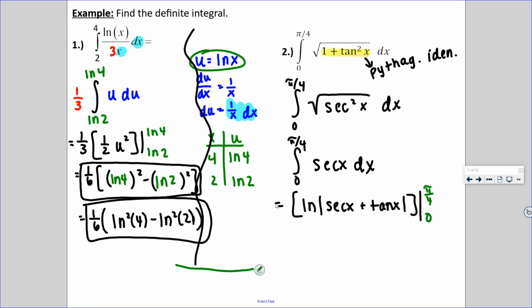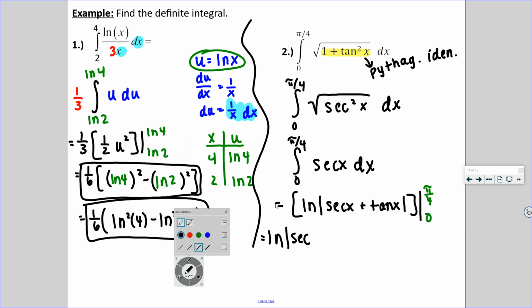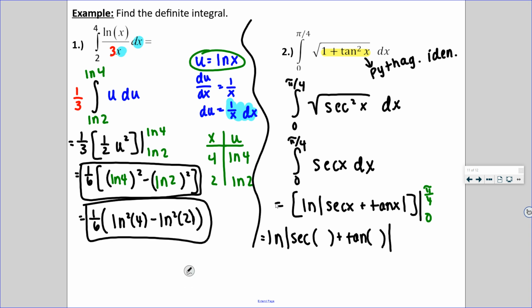Okay. Oops. That's not what I meant to do. So let's do this quickly. We got natural log of the secant. We plug in pi over 4 minus. Careful when you plug in 0 here.